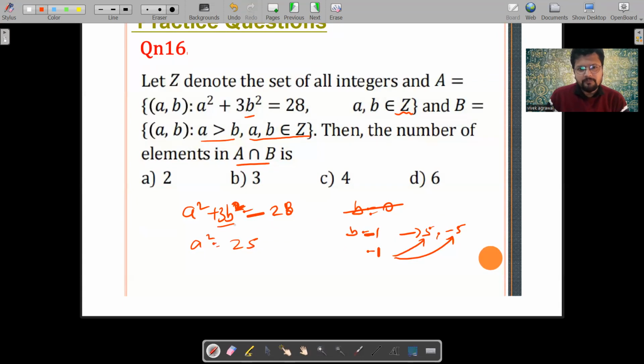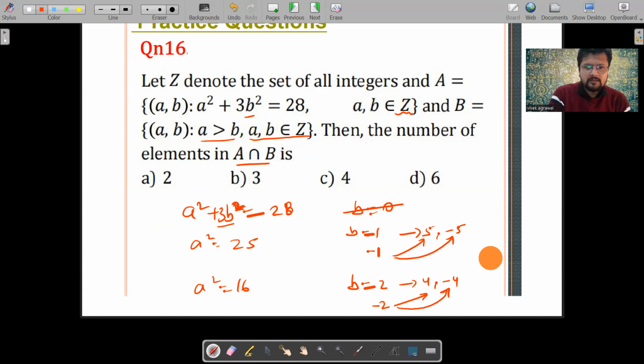Now let's put b equals 2. 2 square is 4, 4 times 3 is 12. So for b equals 2, I'll be getting a square equal to 16, and I'm getting the values 4 and minus 4. Similarly, for minus 2 also I'll be getting 4 and minus 4.